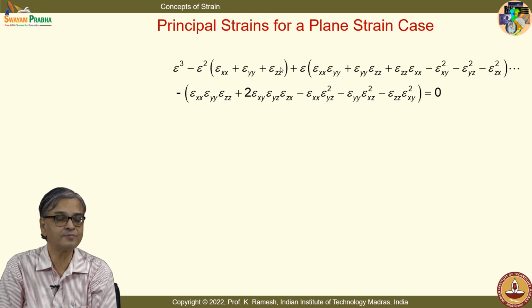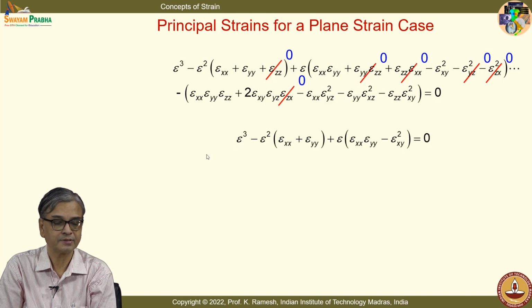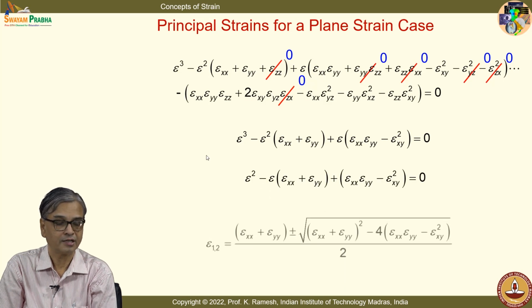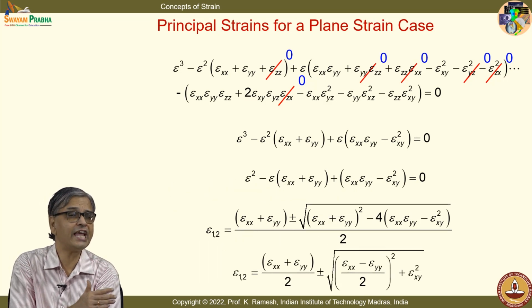Suppose I knock off terms related to z, since we confine ourselves to 2 dimensions, these quantities will go to 0, and the complete J3 will go to 0. And I have a quadratic expression. From the quadratic expression, you can find out the roots, and the roots turn out to be the same form.